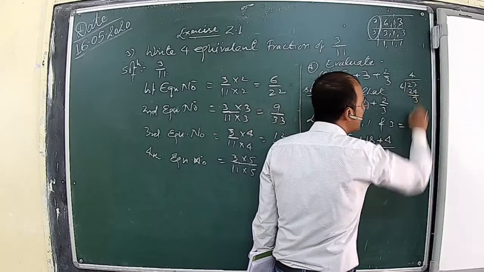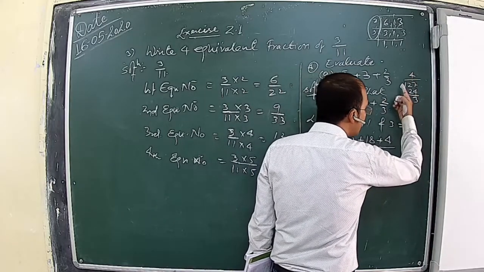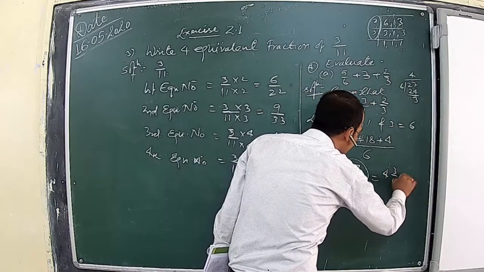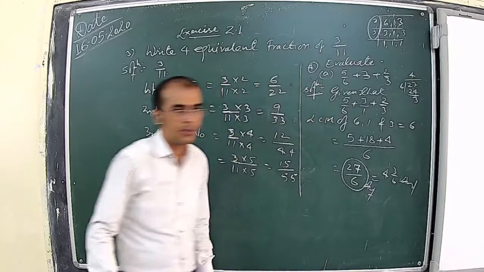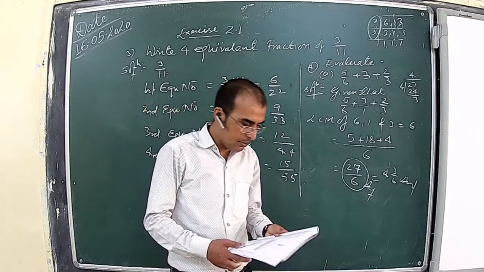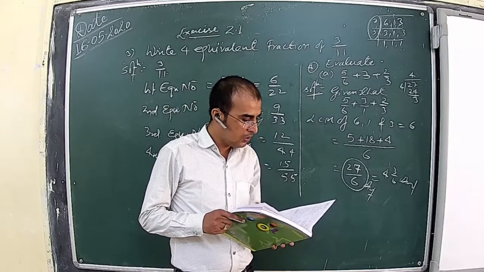Here you will get 3. And you will write 4 whole 3 by 6. This is your answer, or this is your answer, no problem, both are the same. This is question number 4, first part. Similarly, the second and third parts of question 4 you can solve.